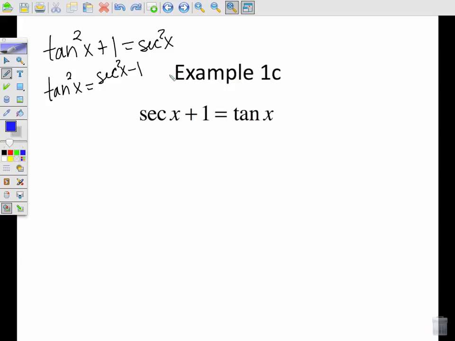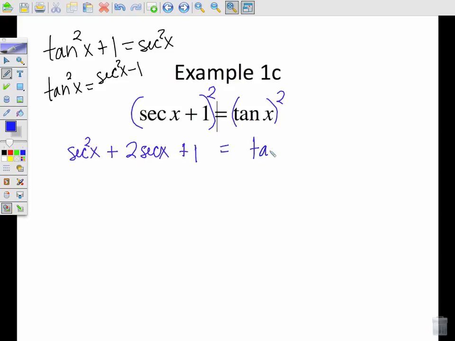All right, I can get tangent squared if I square both sides. So take the left side to a power of 2. Let's see what we have left. We've got secant squared x plus my middle term, 2 secant of x, plus 1 equals tangent squared x.